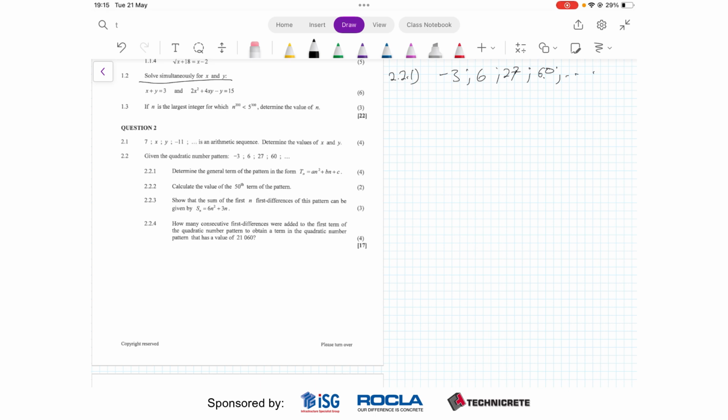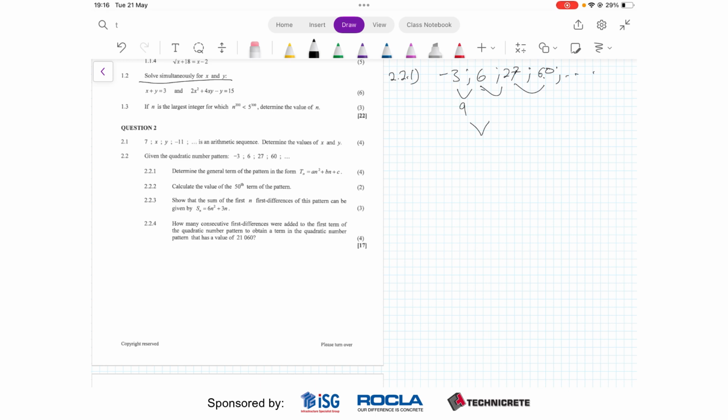So, for a quadratic pattern, the first thing that we need to do is determine the first difference and the second difference, okay. So, we can do that by taking 6 minus negative 3, and 6 minus negative 3 is 9. We know that we will also have a common second difference, okay? So that is what we're searching for.